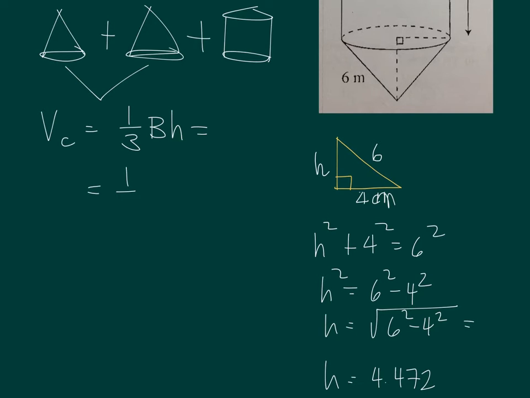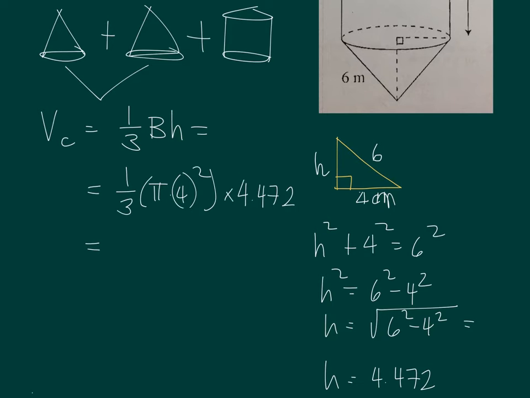So we're ready to find the volume of the cone. The volume of the cone is 1/3 times the base, the circle, pi, with radius... let's repeat. The radius is 4, not 4.472. So times 4 squared, and then times the height, which is 4.472.